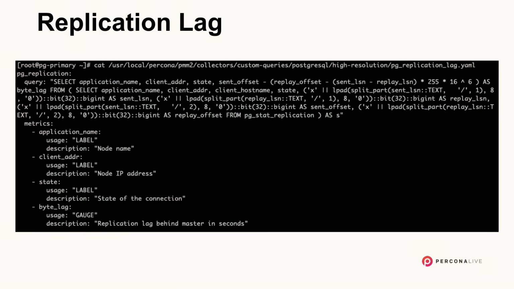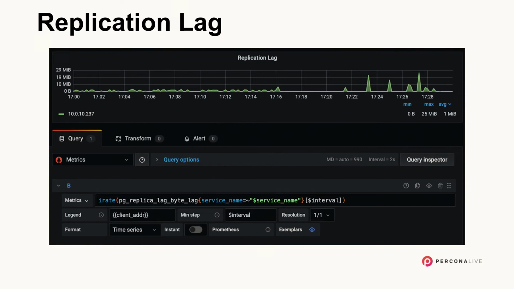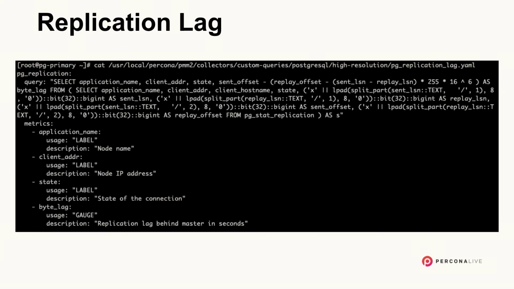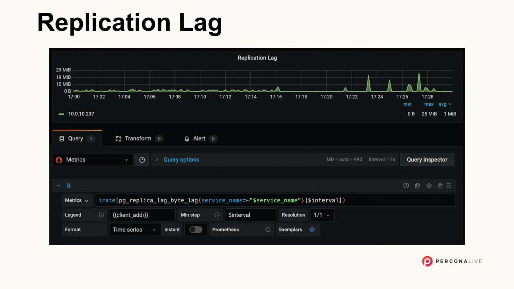Prepended with an underscore, is that what it is? Yes. You see here byte lag, PG replication, and I used another one, sorry, because this is the first mixing. The first will be the namespace, and then underscore, then the column name. Yes, exactly.